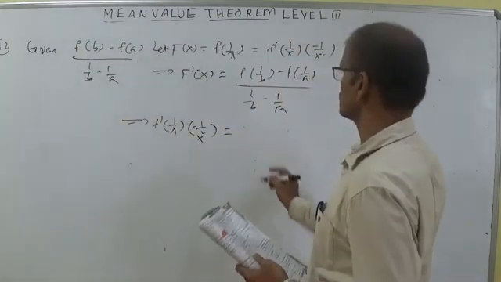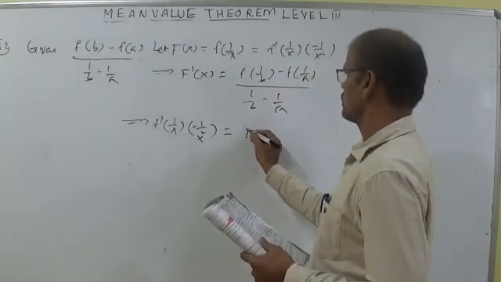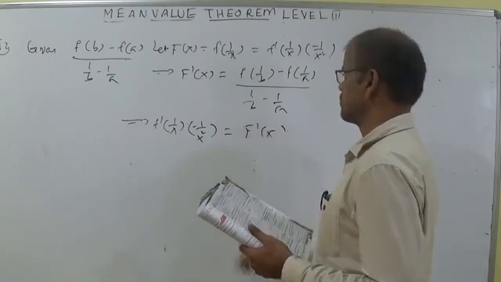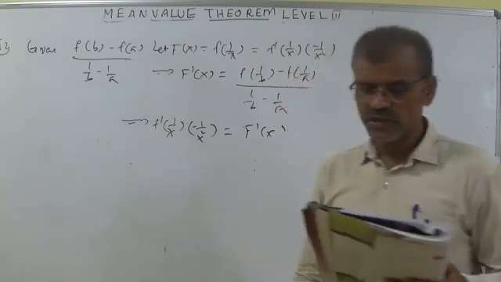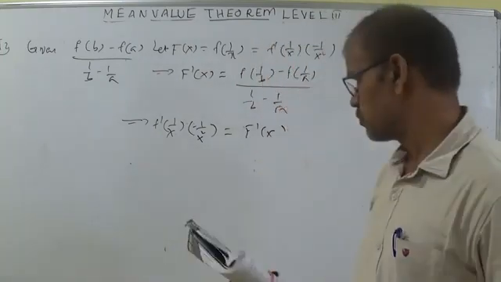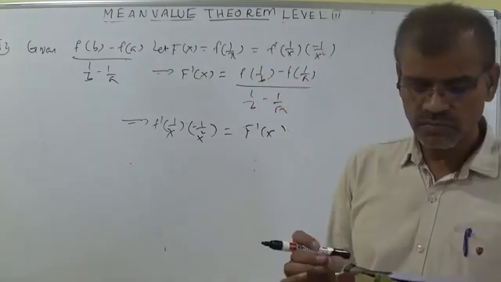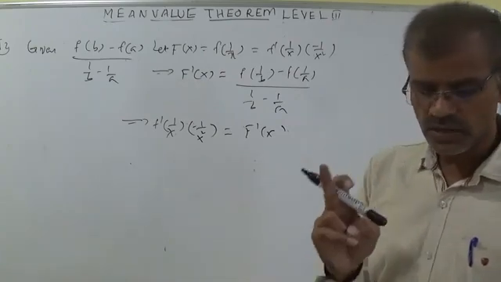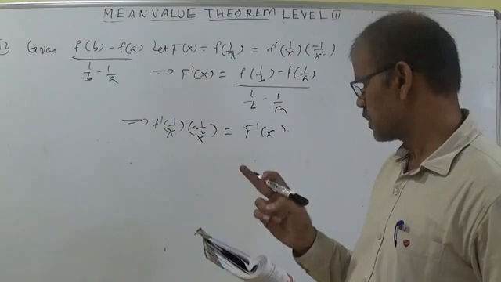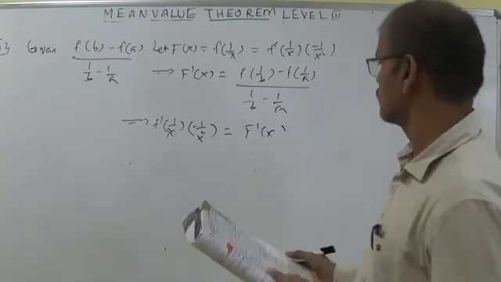This is f dash x, so simply you write f dash x, small f dash of 1 by x. For verification of options we can put 1 by x is equal to c. How many options are there? With minus 2, options are there. So with square, single option. So it is the first option.